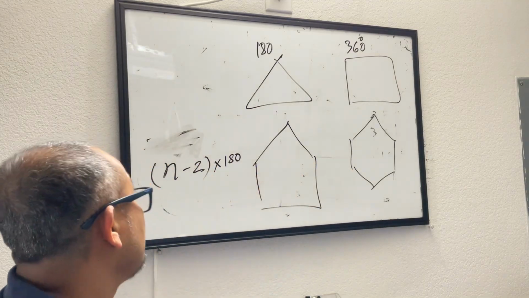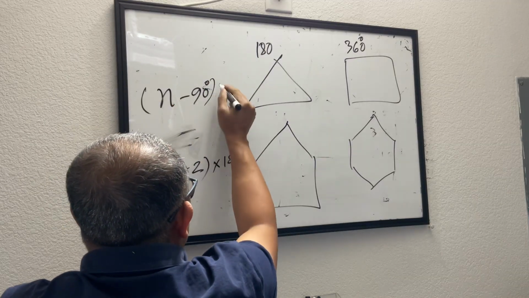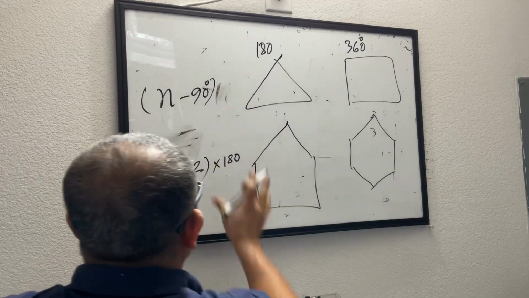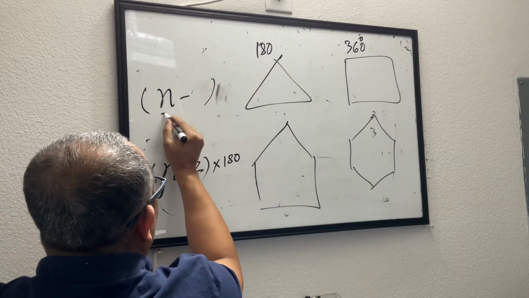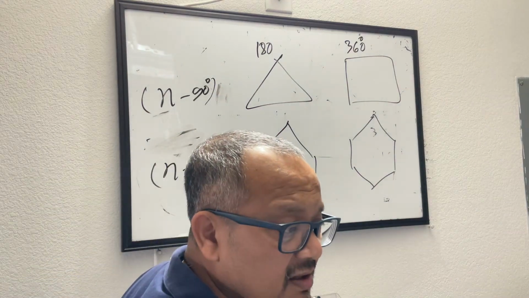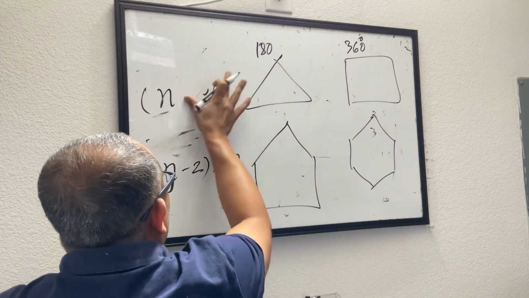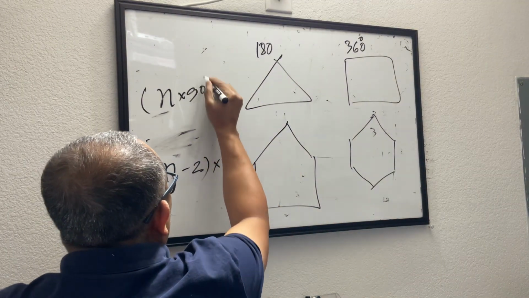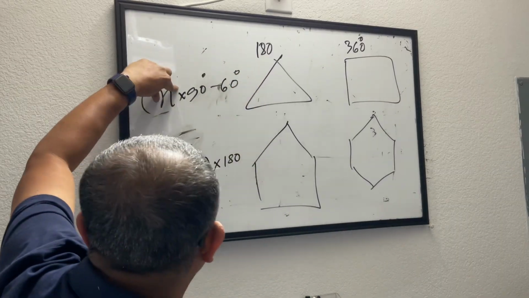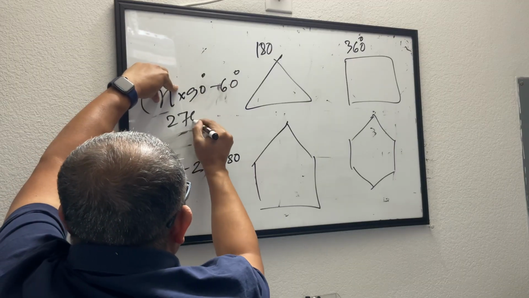No, it will not. Because let's say if you talk about a triangle, here you will put a 3, it becomes 90 times 3, that is 270, minus 60.